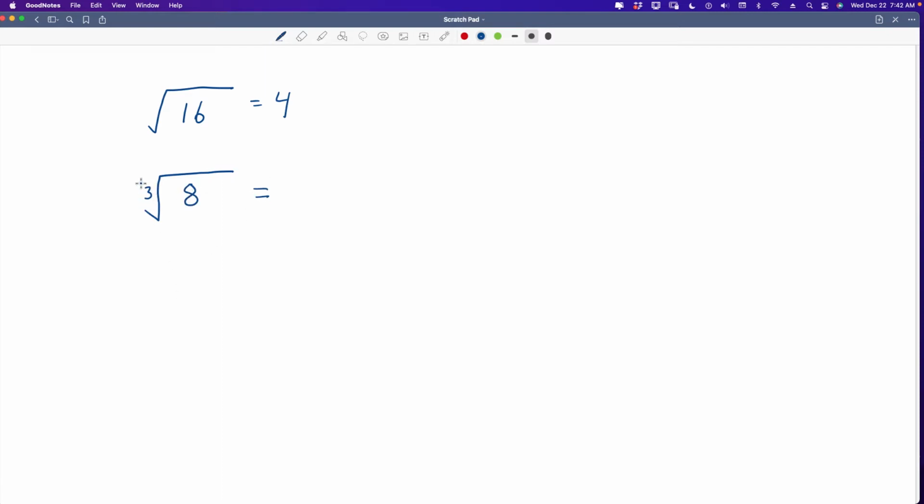This little number right here is called the index. And in reality, this symbol has an index as well. That index is 2. When there is not a number written here, then that index is 2, because that is the smallest root that is possible. Because if you have a 1 root, it's just the number itself.